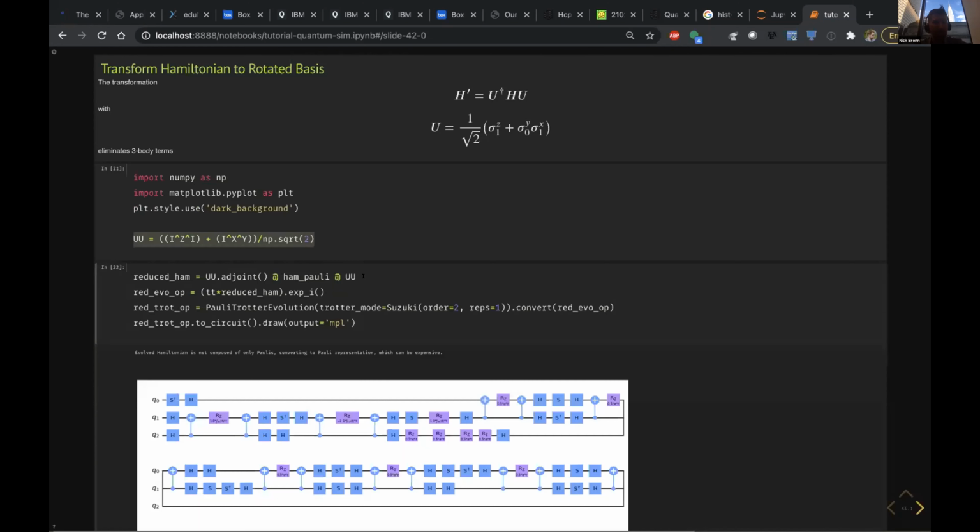Here you don't need to do the transformation, but you would just time evolve your Ising model, for example, and then Trotterize it. And there's different modes, different orders, different repetitions you can use, and so on and so forth. But it's just a few lines of code. That's awesome.